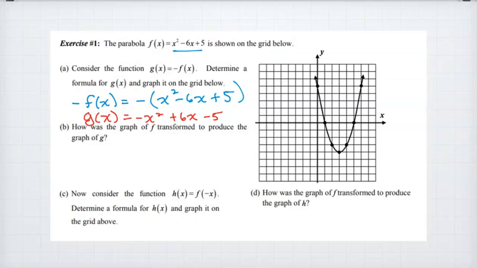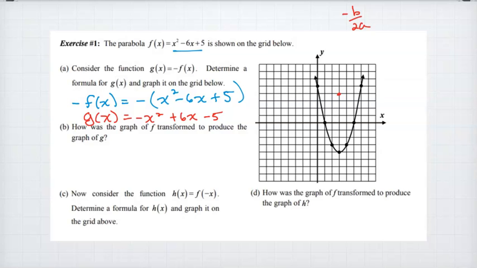If you use Desmos, if you use a graphing calculator, whatever you do, you would get that the new vertex is right here. From Algebra 1, you might remember that the vertex is negative b over 2a.